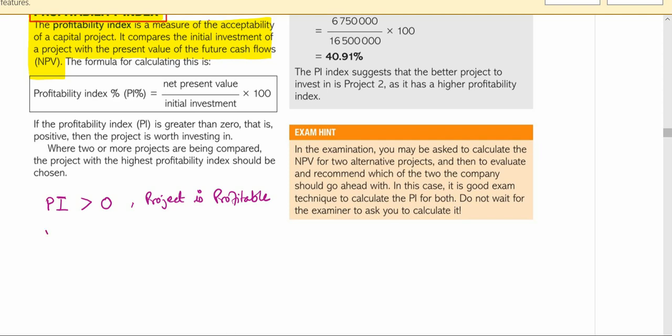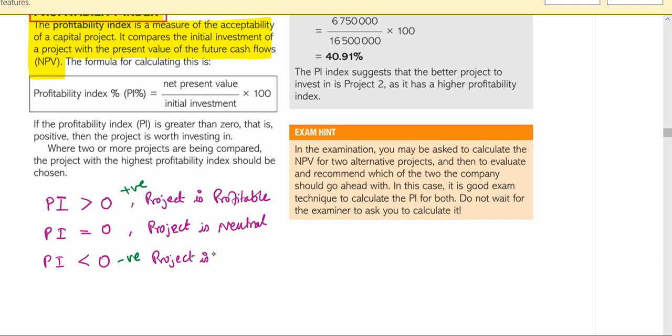If the profitability index is equal to 0, then the project is neutral. It only covers the cost. And if the profitability index is less than 0, so greater than 0 is positive, less than 0 means negative, in that case the project is not profitable.